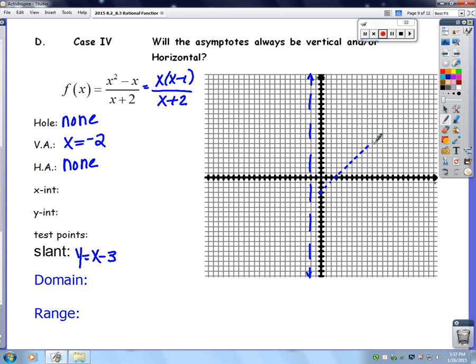I know my graph is big, but it goes all the way out. Slant asymptote, let's go down the other direction. Okay, there's my slant asymptote.